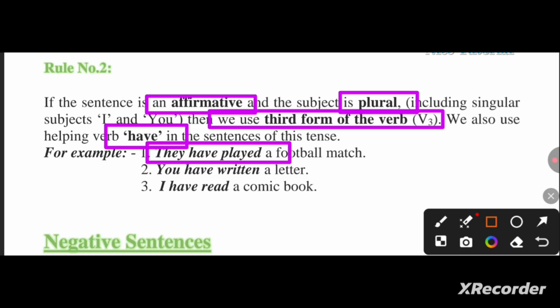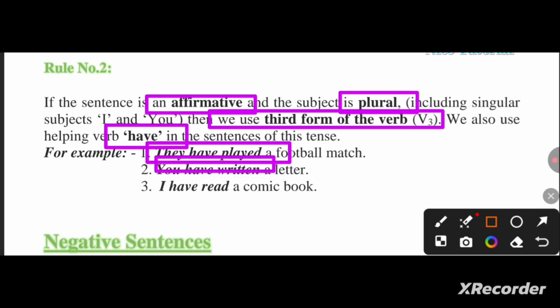And again, for these singular subjects, we have to apply the same rules which are used for the plural subjects. Even though the subject you is used in both ways, for singular subjects also and plural subjects also. Here, you has been used as a plural subject. That's why we have used the rules of present perfect tense which are used for the plural subjects.